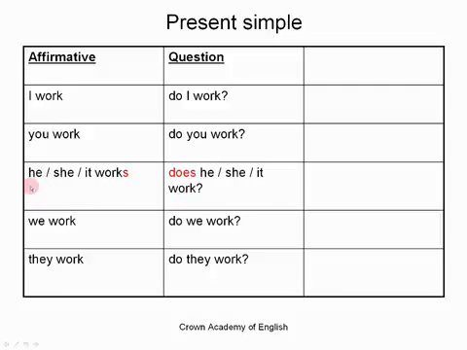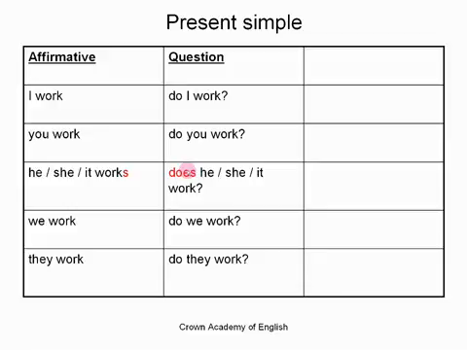This is the exception. So in the third person singular, we go from he works to does he work. We go from she works to does she work. And we go from it works to does it work. So we add the word does, not do, we add the word does.